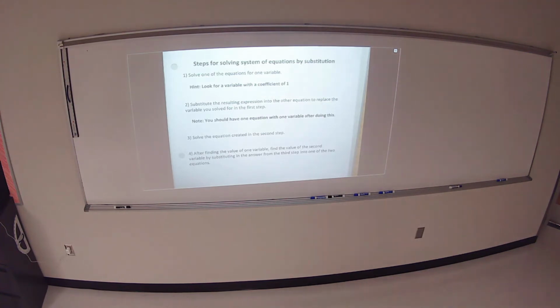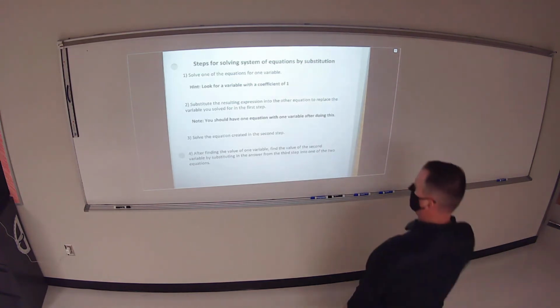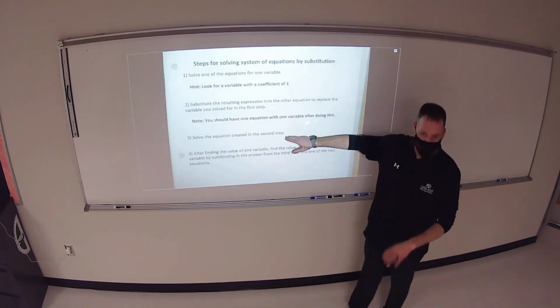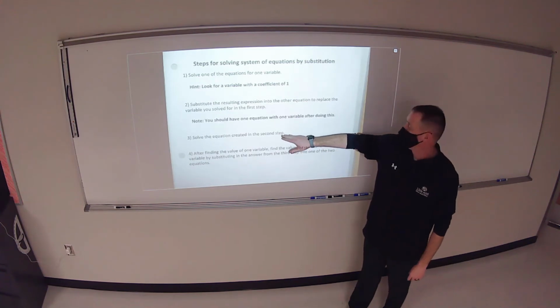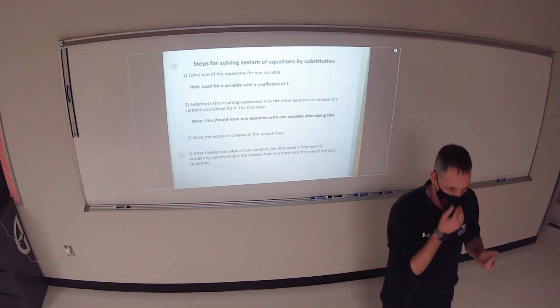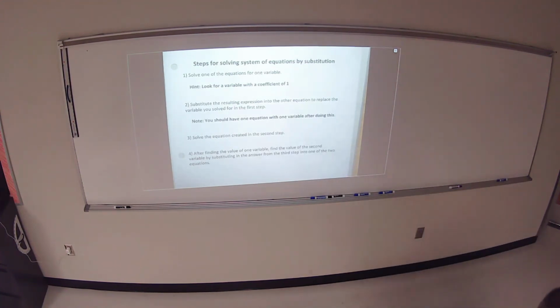Step number 3, solve the equation you created in the second step. This goes back to Algebra 1 and pre-algebra. This could be a multi-step equation, whatever it is. You need to be able to solve this. Now, here's where it's going to be a little weird. When we solved by graphing, we found both parts at the same time. We found the x and the y value.